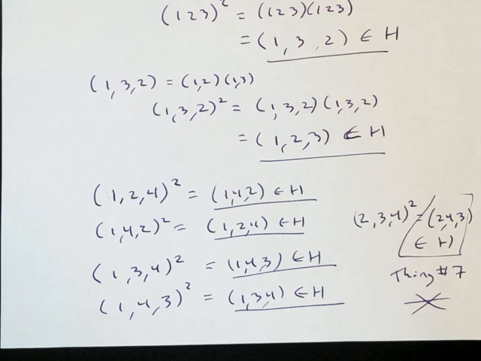So as soon as I found 6, I knew I was in trouble because none of those were the identity. And every subgroup has to contain the identity. Well, so there are actually 8 things. If there are 8, there must be 9, 10, 11, and 12. We cannot make a subgroup of size 6 in A4.